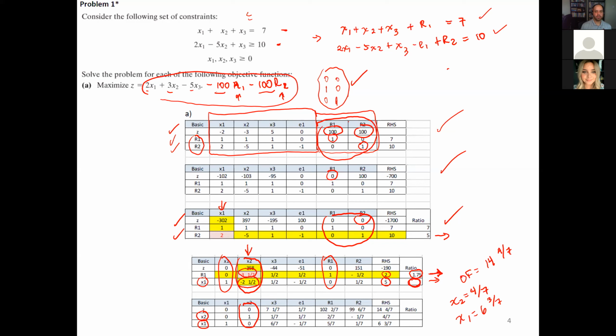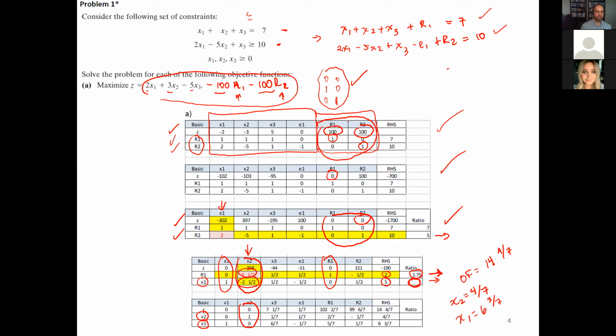As I mentioned at the beginning of the review, the idea for me to teach you these methods is that I know that you can now use Excel to solve the problems. However, Excel has some limitations. It will not solve problems that are big, more than 200 variables, for example.